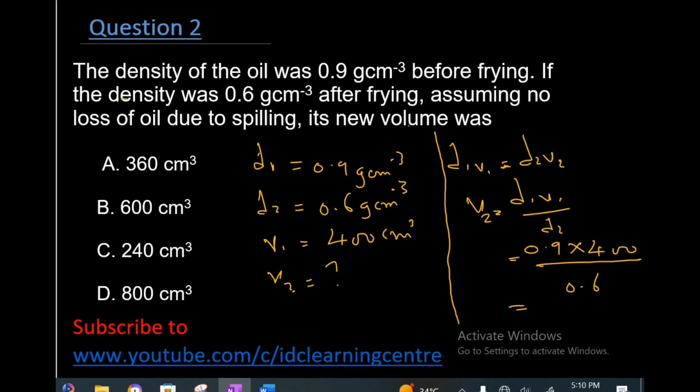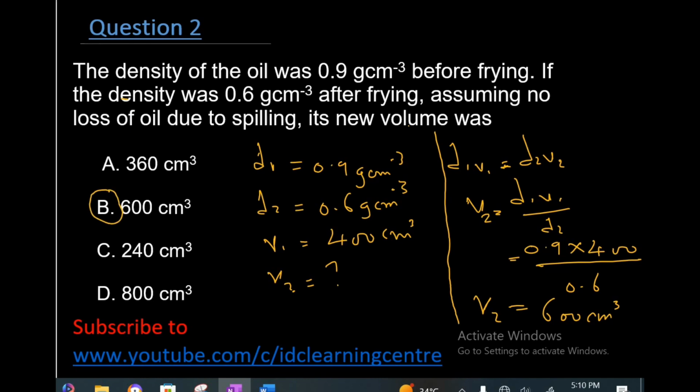When you multiply and divide, you have V2 as 600. Volume is measured in cm cube. So our answer for question 2 is B, 600 cm cube.